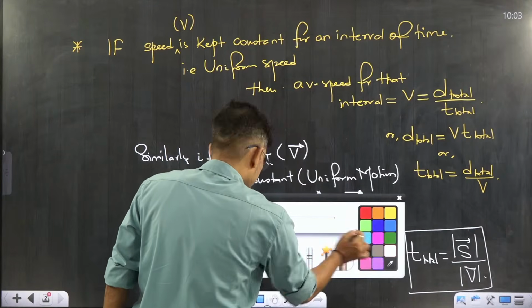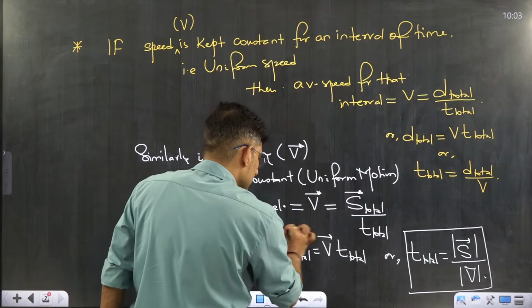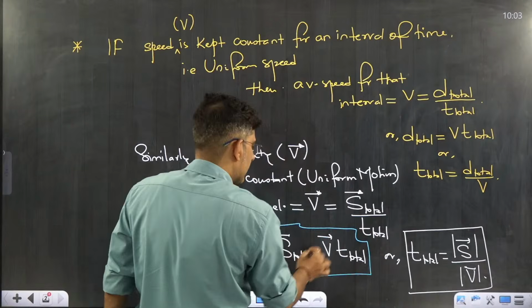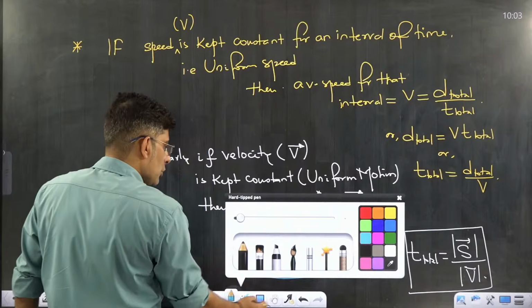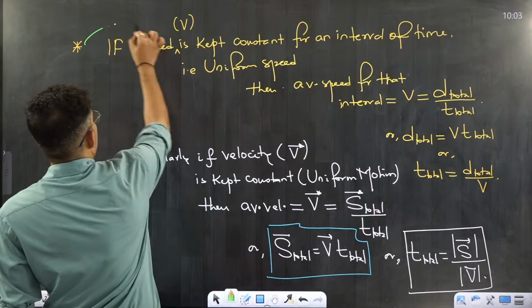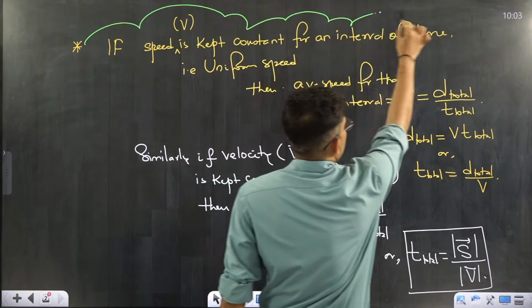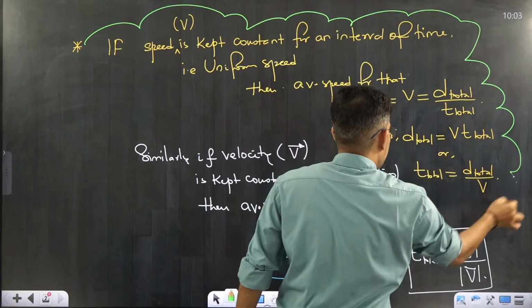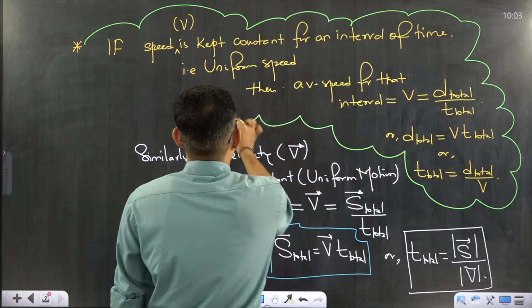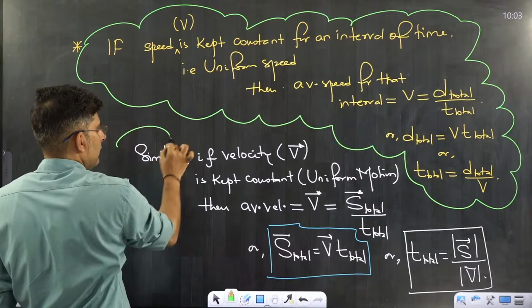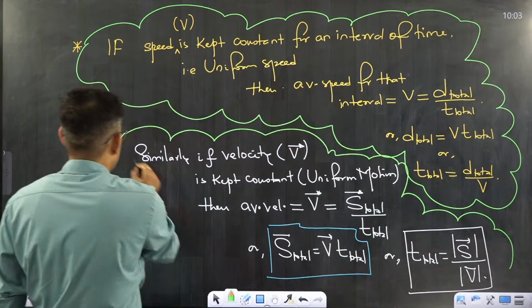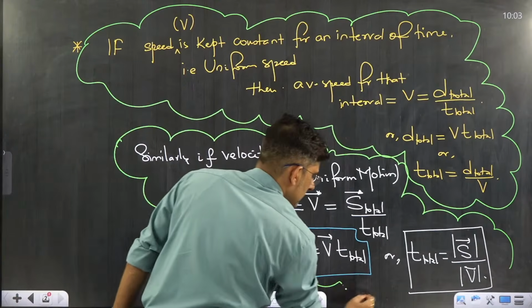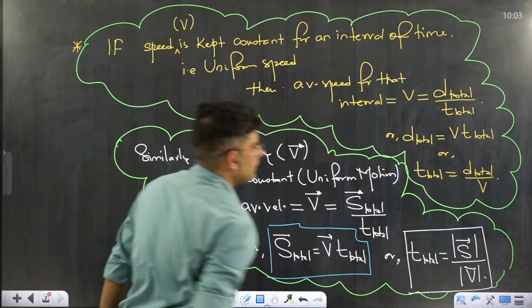We can never divide them vectorially, but I can take their magnitudes and divide. So these are two important points or concepts. This should be clear to everyone while you are solving questions on average speed and average velocity during a journey if it is kept constant.